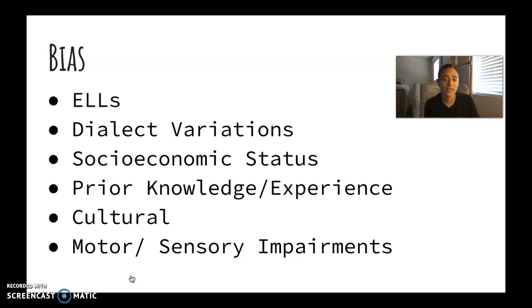Also, dialect variations. Sometimes a child is so used to hearing a certain word said in a certain way at home that if an administrator were to say that same word but in a different dialect, they might just be confused and not actually understand what the administrator is trying to ask. Now, there are socioeconomic status problems.